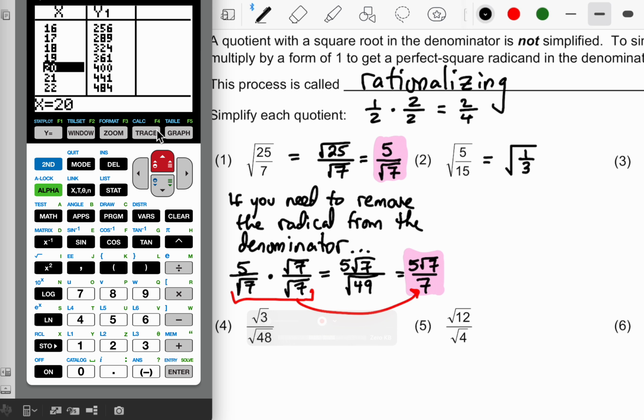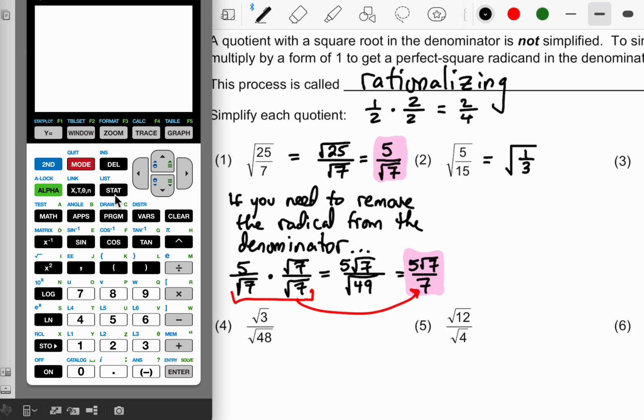If you don't recognize that, I apologize if I didn't go over this yesterday. You can put a fraction in your calculator and have it reduce it for you. There are 2 ways to do it. One is the math frac, which I'm pretty sure I did go over. The other way is alpha y equals, the n over d.